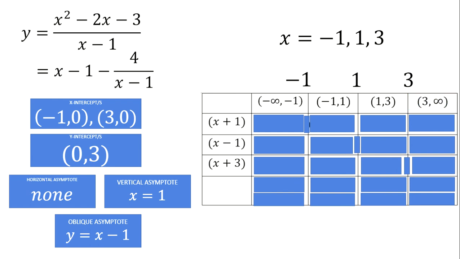We can represent it through interval notation. It can be x less than negative 1, or negative infinity comma negative 1. For this one, between negative 1 and 1, it's parentheses, negative 1 comma 1. And then here, 1 comma 3. They are not included, of course. And then 3 comma positive infinity, or x greater than 3.